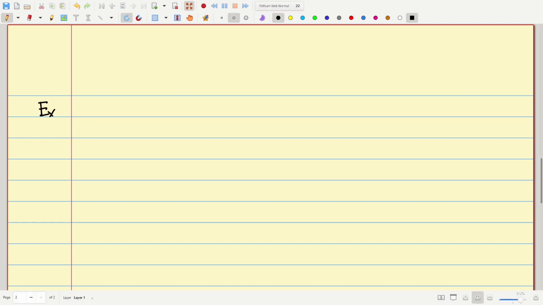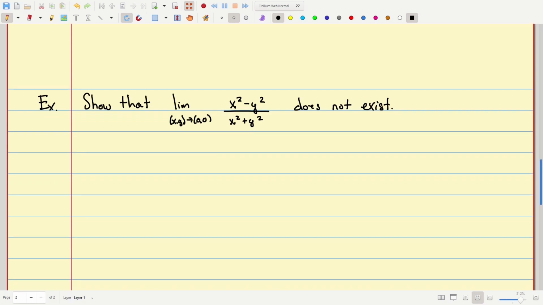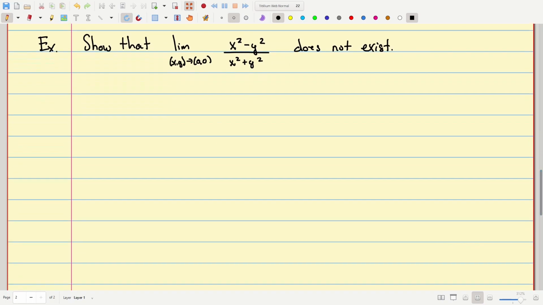All right, so let's return to one of the examples we had before. We want to show this limit does not exist.